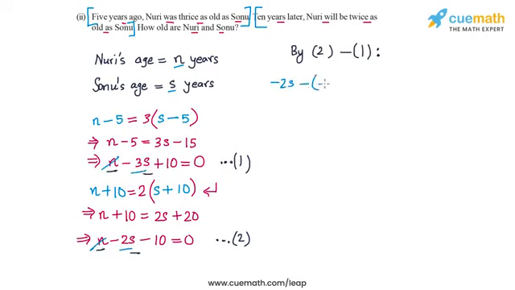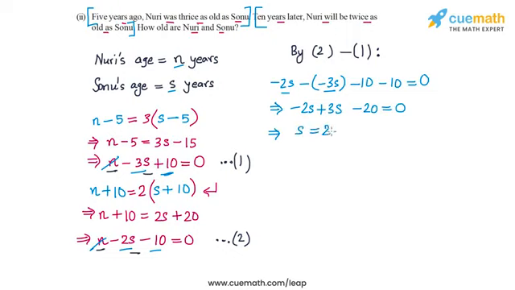So minus 2s minus 3s, and from here we'll have minus 10, and then from this equation we'll have minus 10 once more, and on the RHS we will have 0. So this gives us minus 2s plus 3s. So minus 2s plus 3s minus 20 is equal to 0, or s is equal to 20.